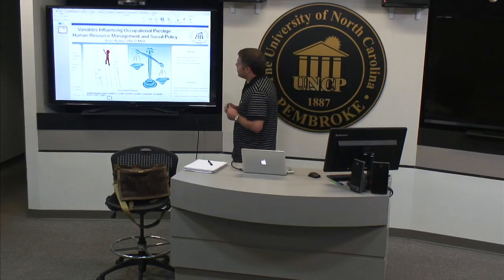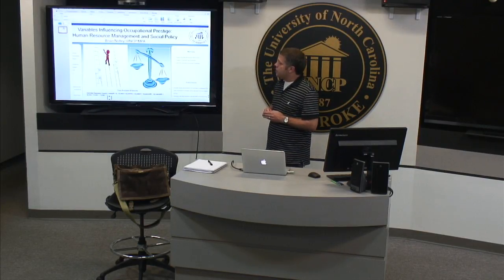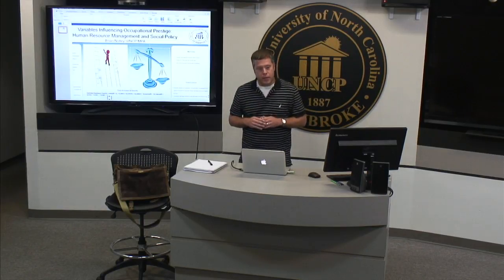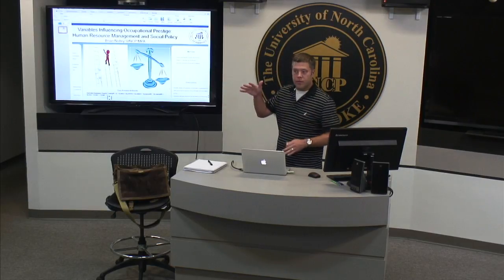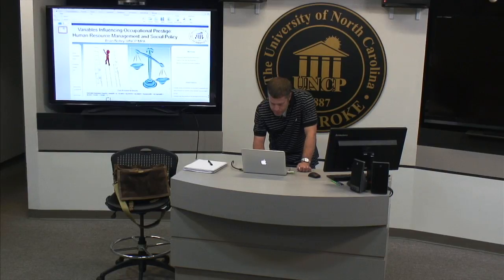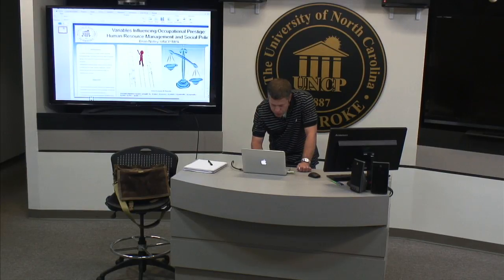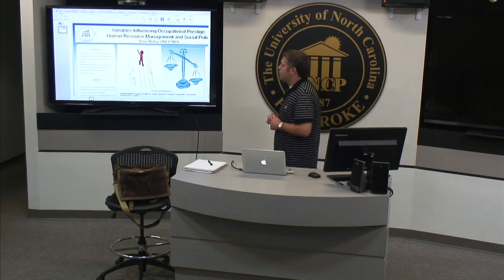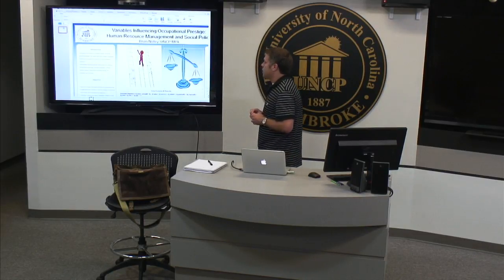Okay, and then also got a scale here, and some of the research indicated that there could be some inequality in occupational prestige. And it could also balance, for some have higher, some have lower prestige. So introduction: the purpose of this research was to examine variables that influence occupational prestige.